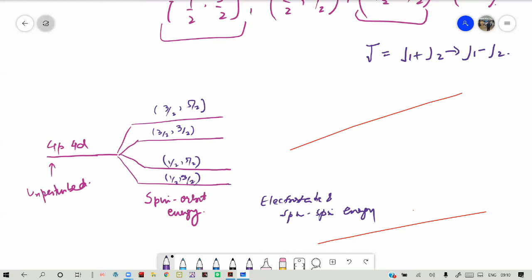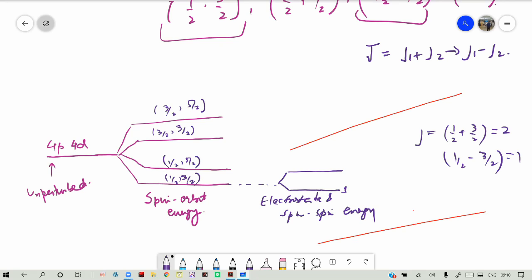Now this will be further separated into two, because our J will have two possible values, that is 1 by 2 plus 3 by 2 and 1 by 2 minus 3 by 2. We are taking the magnitude. So it is 2. This is 1. So 1 will be here, 2 will be here.